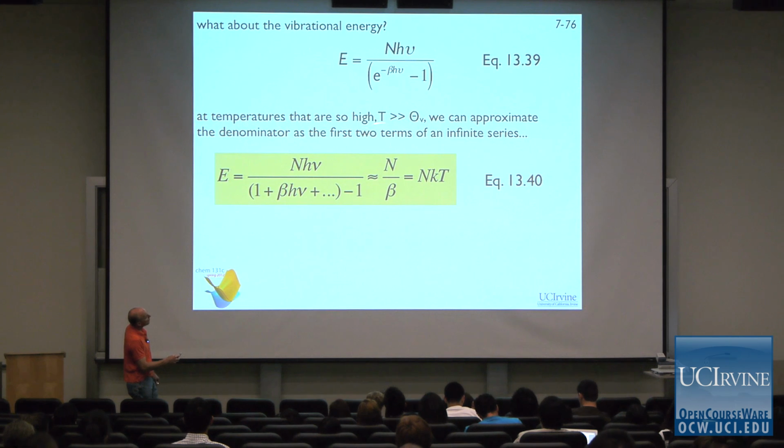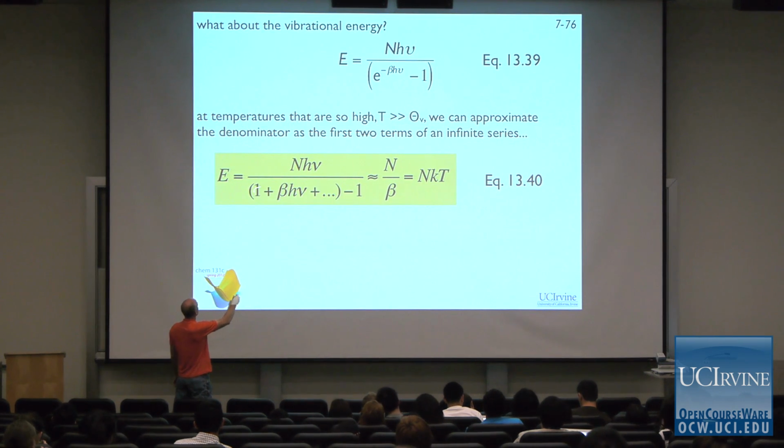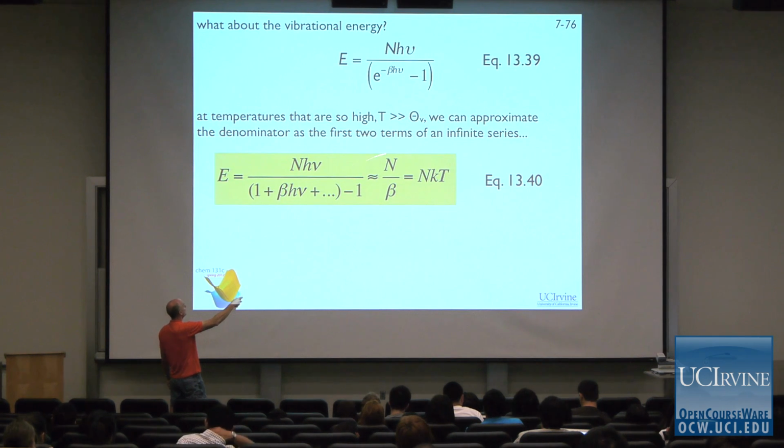If the temperature is much higher than the characteristic vibrational temperature, we can approximate the denominators of the first two terms and find an infinite series. The infinite series looks like this. Take the first two terms. 1 minus 1 is 0. h nu cancels with h nu, so we just end up with big N over beta. N is the number of molecules.